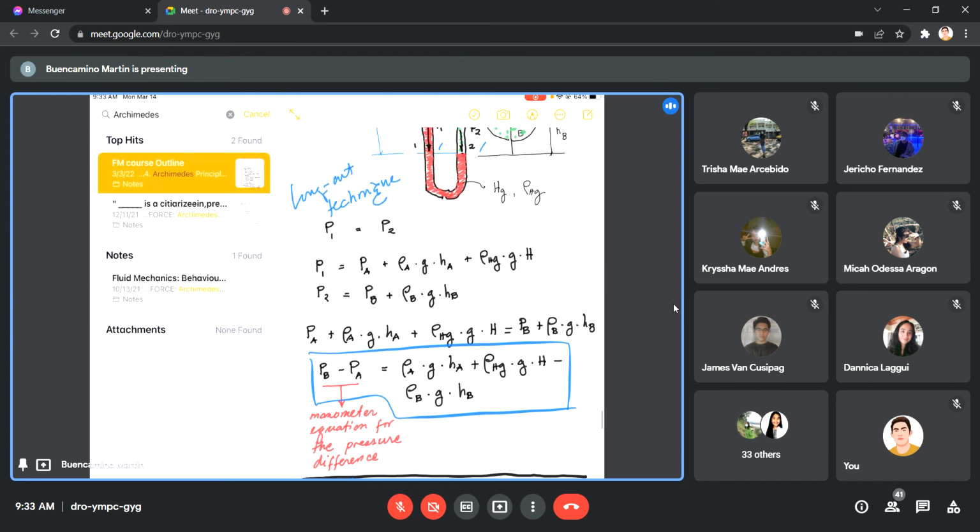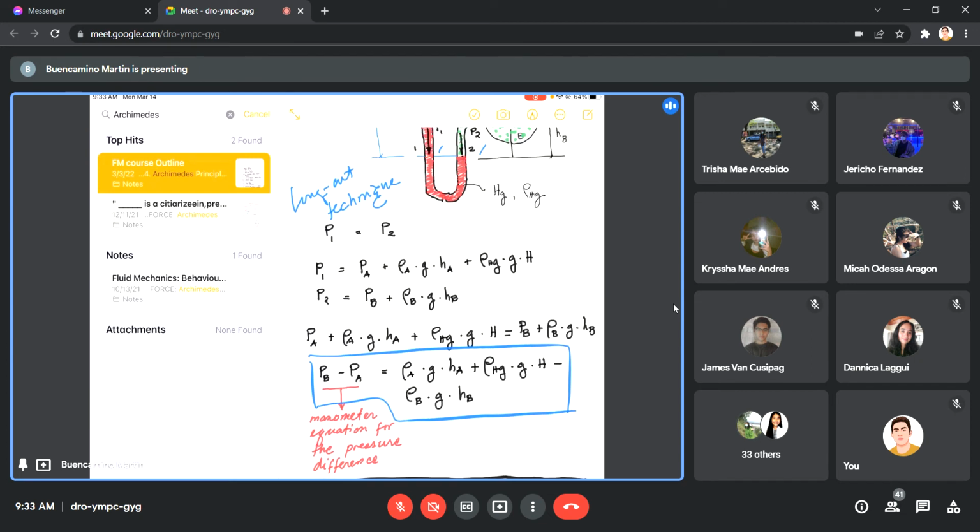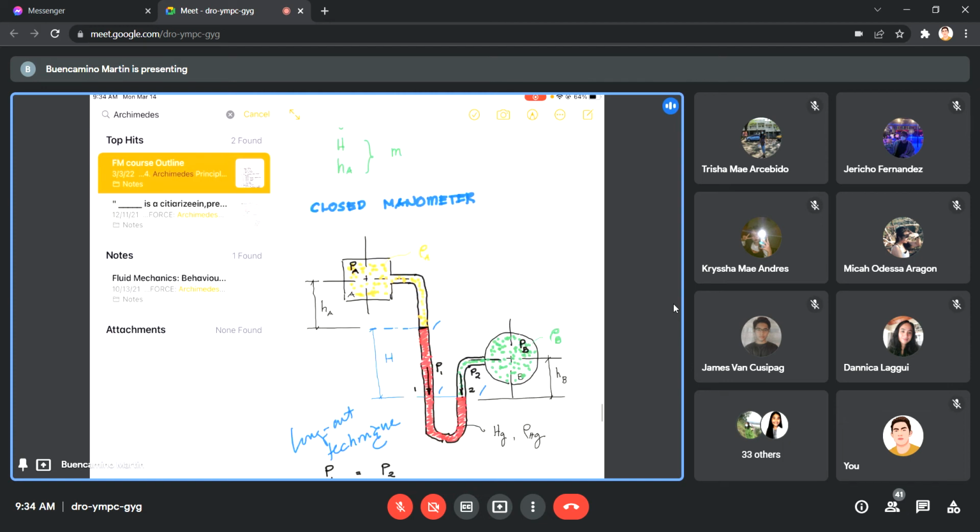So this is not, class, a fixed formula. It is not a general formula for a manometer. No? Okay, this is the manometer equation for this alone.